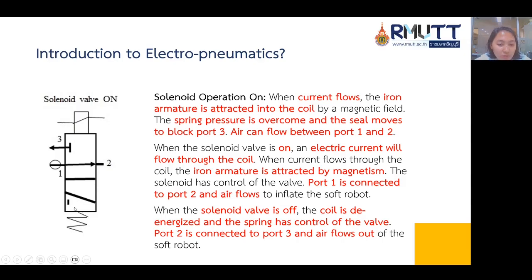When current flows through the coil, the iron armature is attracted by magnetism. The solenoid has control of the valve. Port 1 is connected to port 2 and air flows to inflate the soft robot. When the solenoid valve is off, the coil is de-energized and the spring has control of the valve. Port 2 is connected to port 3 and air flows out of the soft robot.